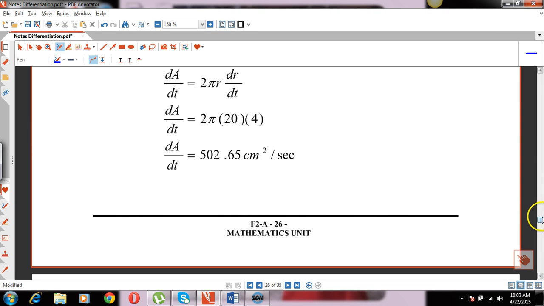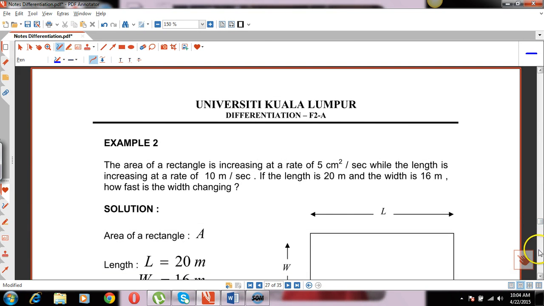You have to look at the problem and extract the information given from the question. Then we have to find the equation or formula related to the problem. And then we have to differentiate using implicit differentiation.